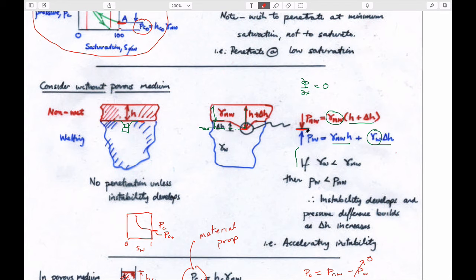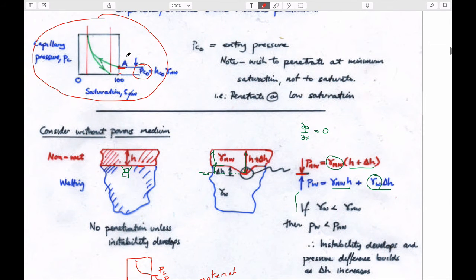The difference we have now is that we have this kind of activation barrier to overcome. The difference between these pressures basically has to be larger than this difference. So in other words, if this pressure isn't in excess of this pressure by at least this amount, then it won't move.